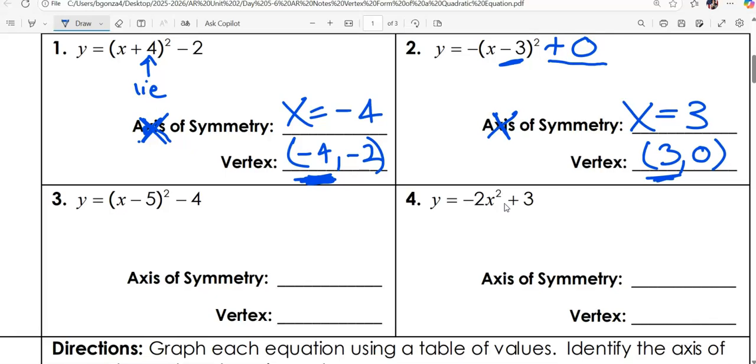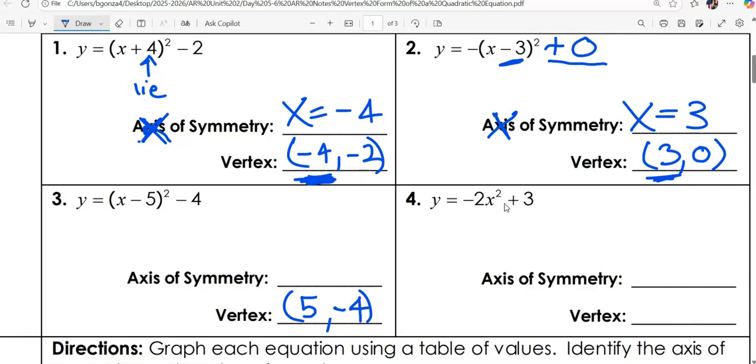Now check it out. What's the vertex here? Who could tell me? +5 is right, but what's the other one? Negative 4. +5 because insiders lie, right? And then -4 because the outsider does not lie.